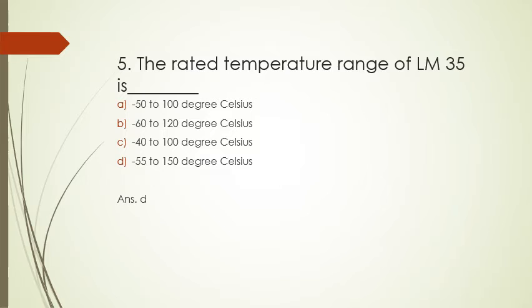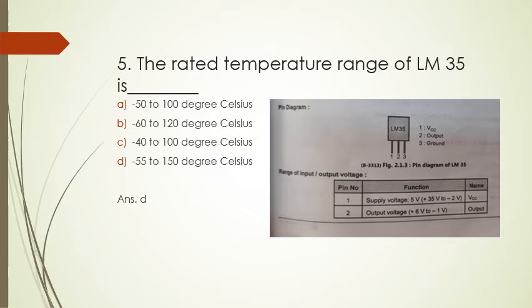This is the LM35 IC, having 3 pins: pin 1 is VCC, 2 is output and 3 is ground. If the supply voltage and output voltage are asked, the supply voltage ranges from -2 volt to +35 volt, and the output voltage from -1 volt to +6 volt.